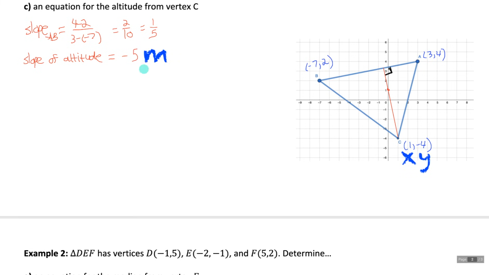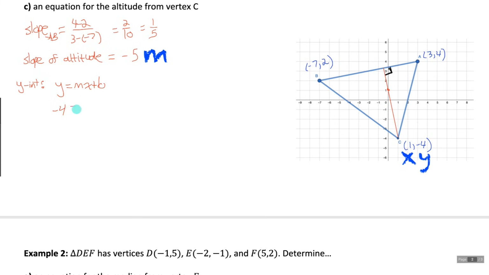To write the equation of that altitude in the form y equals mx plus b, I know m, it's negative 5, but I'll have to solve for b, the y-intercept. And I can solve for that by subbing into y equals mx plus b, the slope of negative 5 for m, and any xy point that is on the altitude. And the only point that I know is on the altitude is point C. So I'll use 1 for x and negative 4 for y.